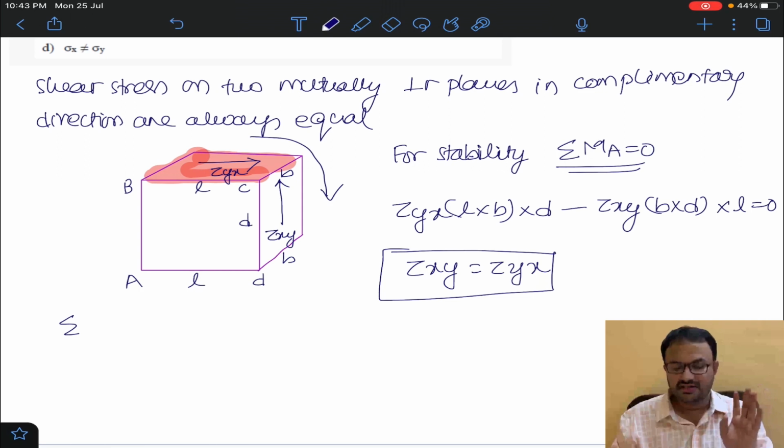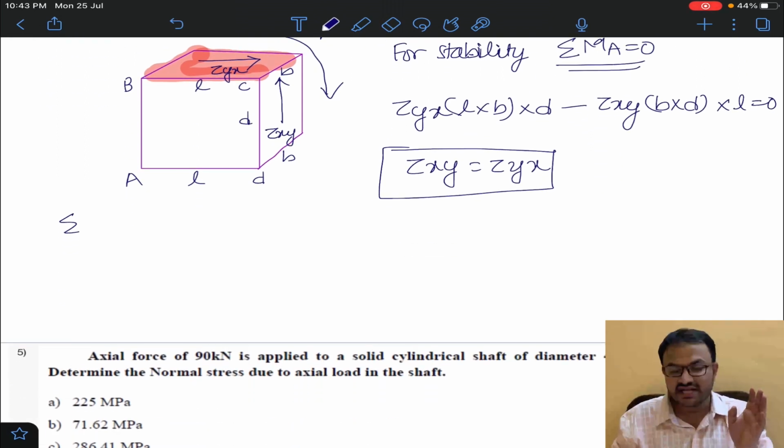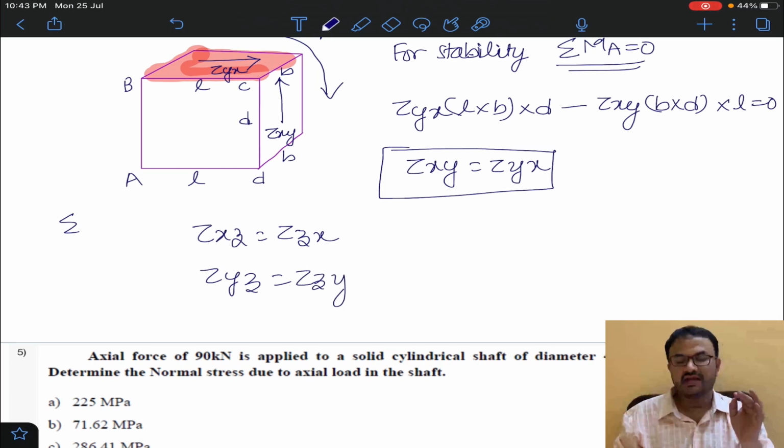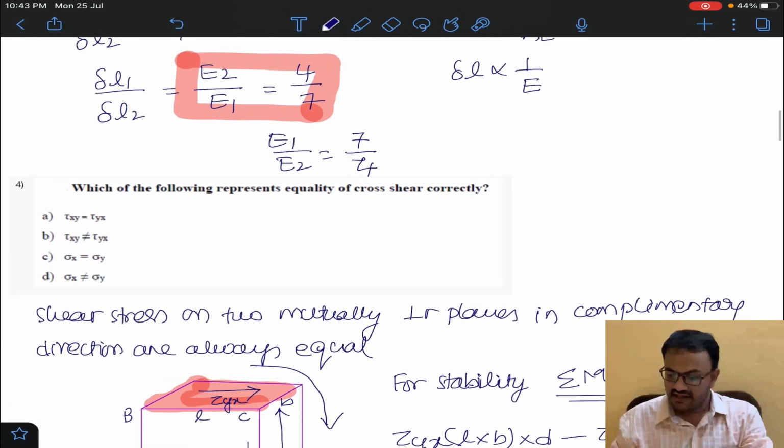Not only is tau xy equal to tau yx, similarly tau xz is equal to tau zx, and tau yz is equal to tau zy. Clear? Did you understand everything? What is the principle that we have used in proving this equality of cross shear capacity? The principle that we have used is the moment equilibrium principle.